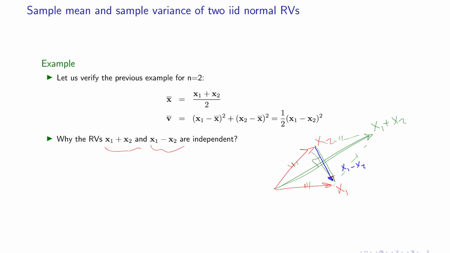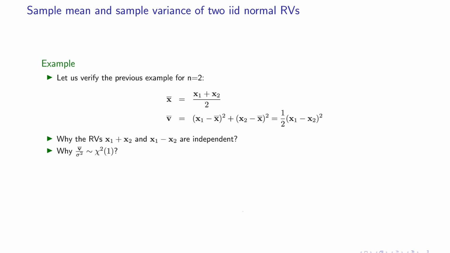So x1 plus x2 should be perpendicular to x1 minus x2, and you know that they are orthogonal, uncorrelated, and if normal random variables are uncorrelated, they should also be independent.